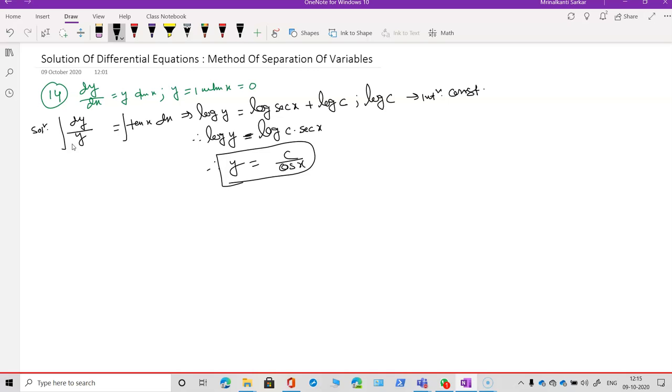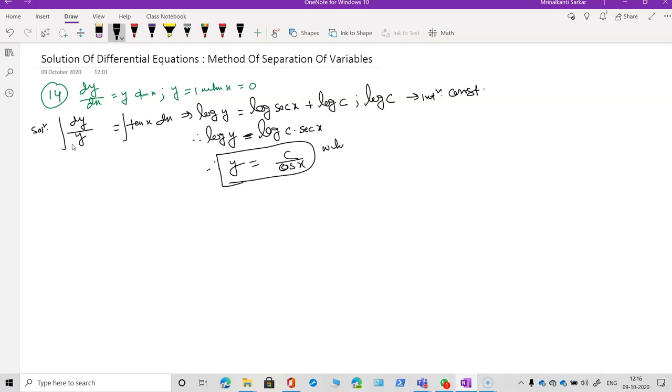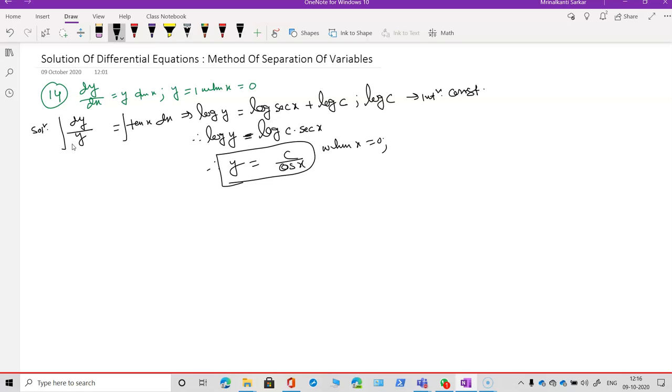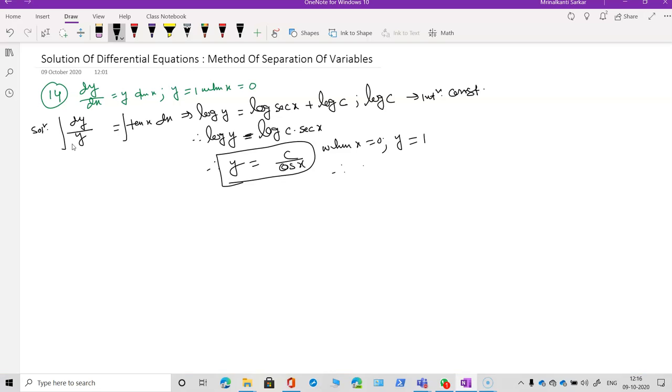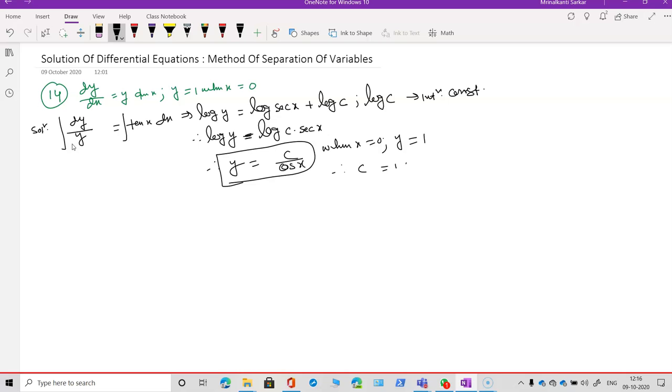Okay. Now, is this condition: when x equal to 0, y equal to 1? So c equal to 1 into cos 0. Cos 0 is 1 only. So c equal to 1.